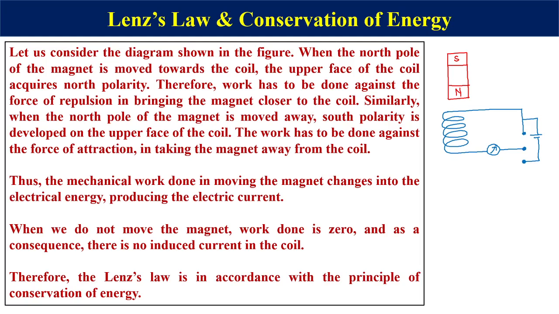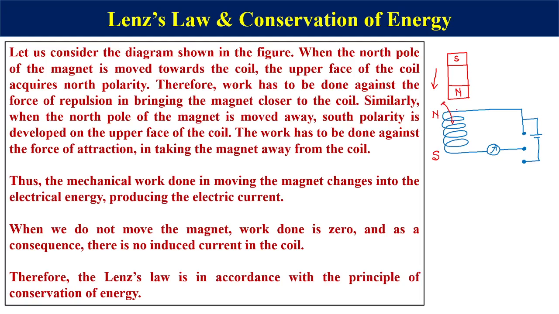Whenever this bar magnet is brought close to this coil, gradually an electric current will be induced in the coil and the coil will generate its own magnetic field. However, that generated magnetic field will be in such a direction that this end is north and this end becomes south.